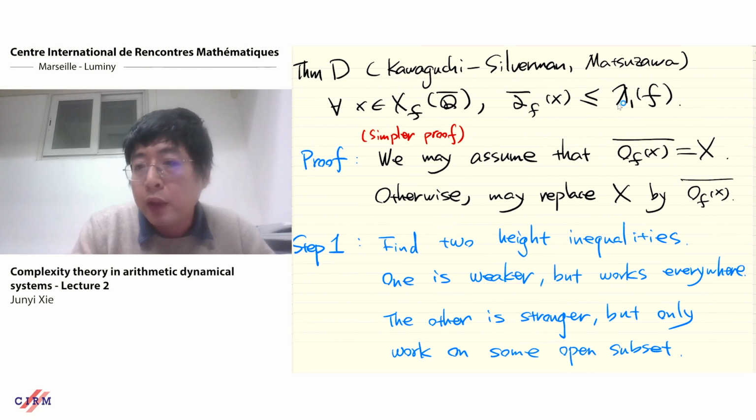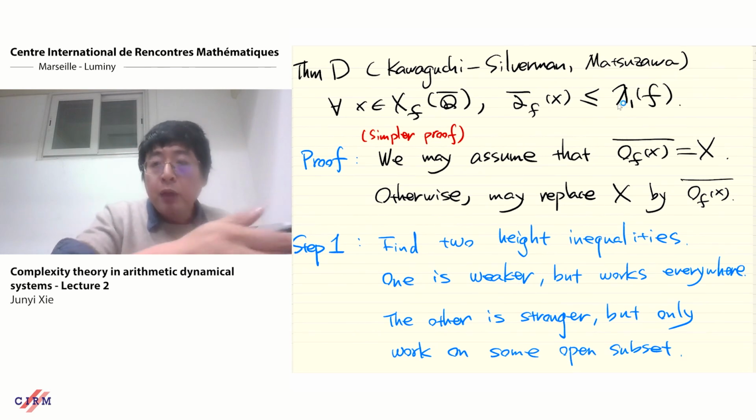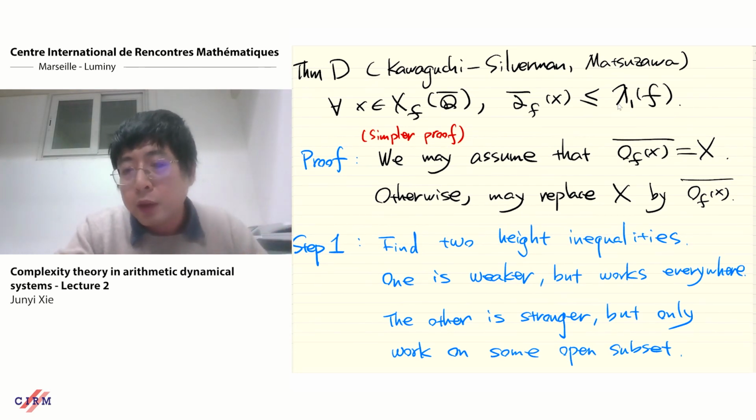But in the rational self-map case, I am not so sure whether these numbers are well defined. But you can think of it as some kind of dynamical degree for a subvariety. And if you have this, I think you can still use this dynamical degree to bound the arithmetic degree.